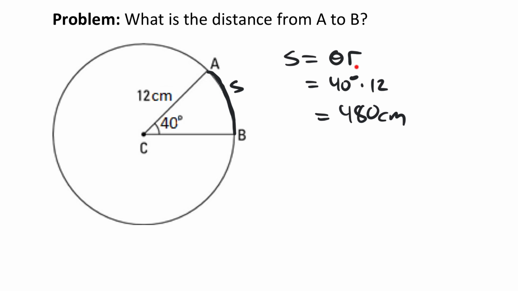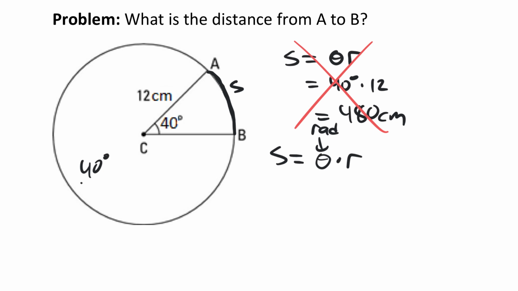Well, the formula says theta r, but we've been learning about radians. And so this is the correct formula, but the theta here needs to be measured in radians. The formula only works if we're using radian measures. So 40 degrees over 360 is equal to x over 2 pi.